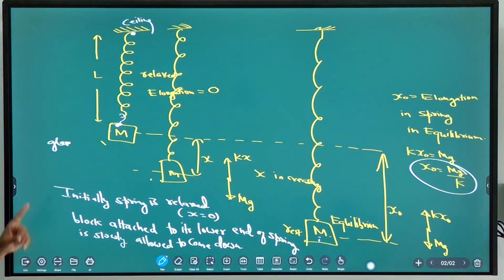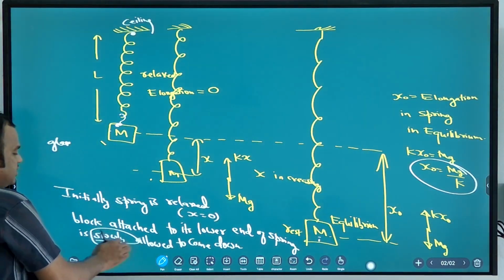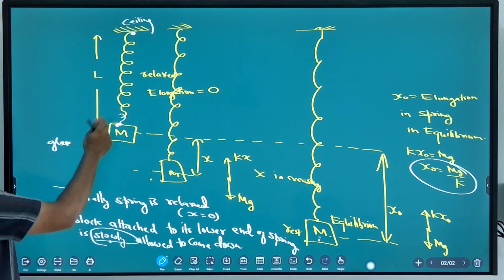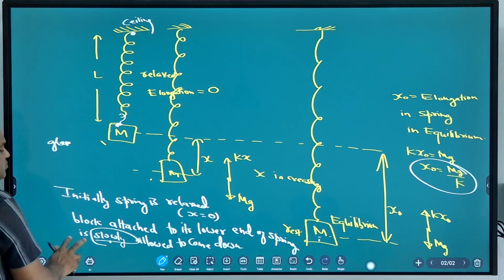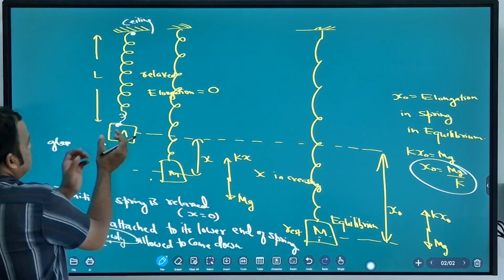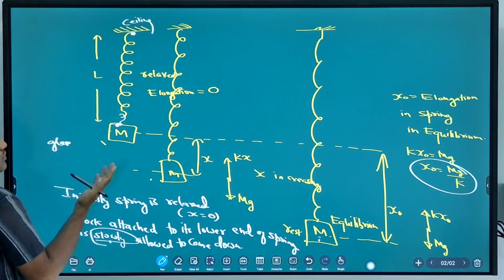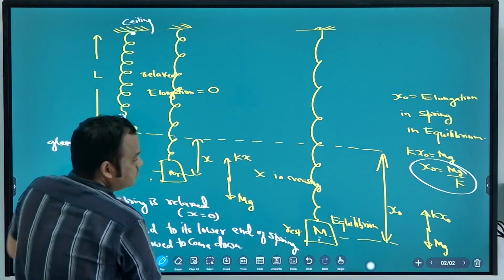When it is slowly released, it slowly comes down and comes to rest here. What if it is suddenly released? Suppose I am holding the block and suddenly release it, what will happen? Then there will be more elongation.